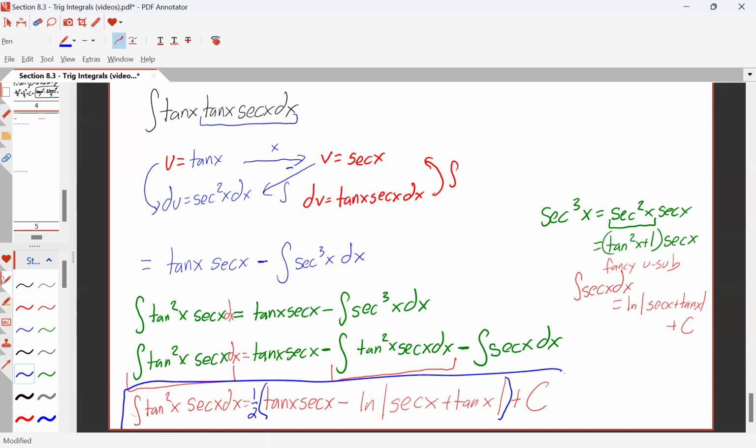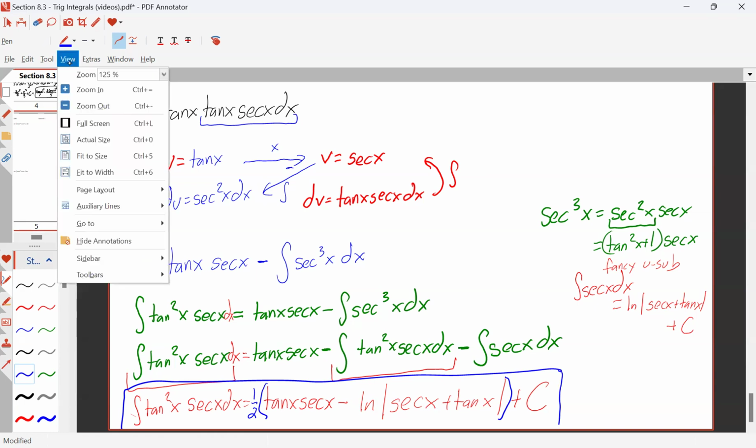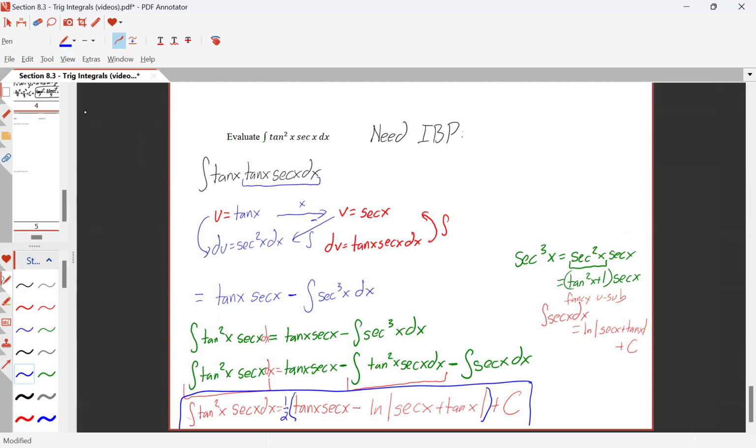So when we don't have an odd tangent or an even secant, what we can do is use integration by parts to rework into a different integral we can find.